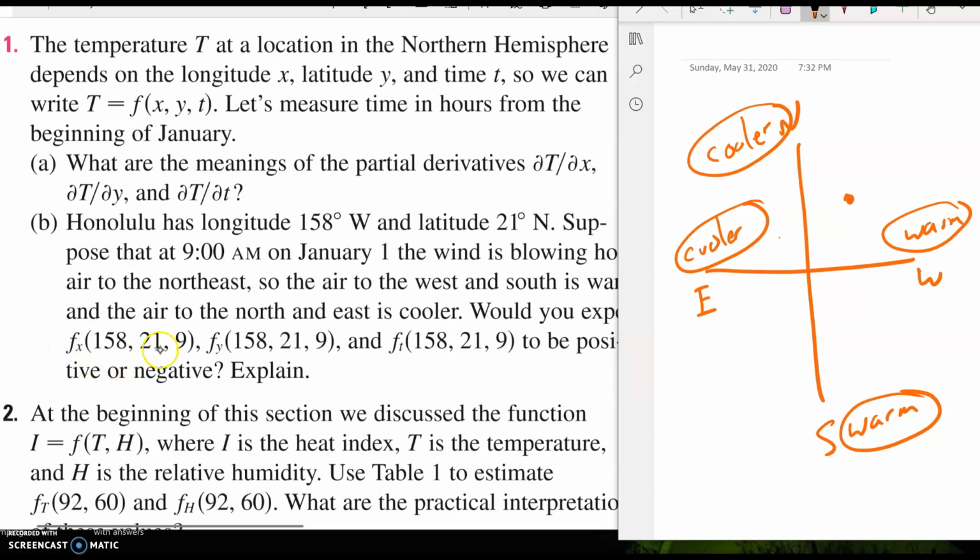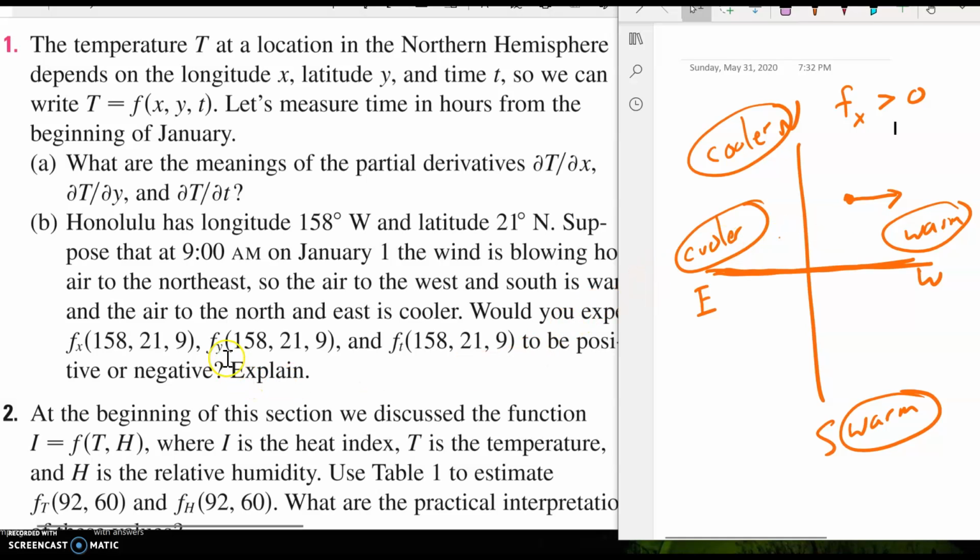So if this is the x-axis, because x is longitude, then as we move in this direction, what's happening to the temperature? The temperature is getting warmer as you move towards the west. So Fx is greater than 0 because it's getting warmer as you move in the positive x direction.